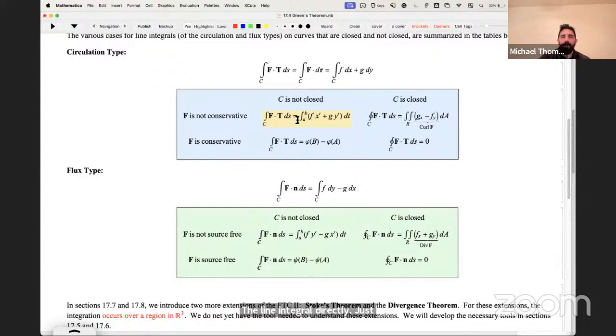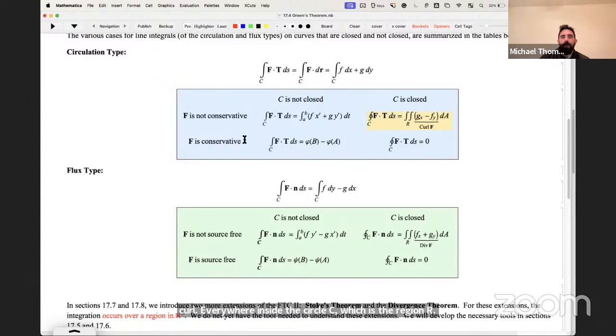It's pretty straightforward, just a direct calculation. Now let's say that the vector field is not conservative, but C is closed. In this case, you could use Green's theorem instead of doing it directly. The circulation is given by the net accumulation of curl everywhere inside the curve C, which is the region R.